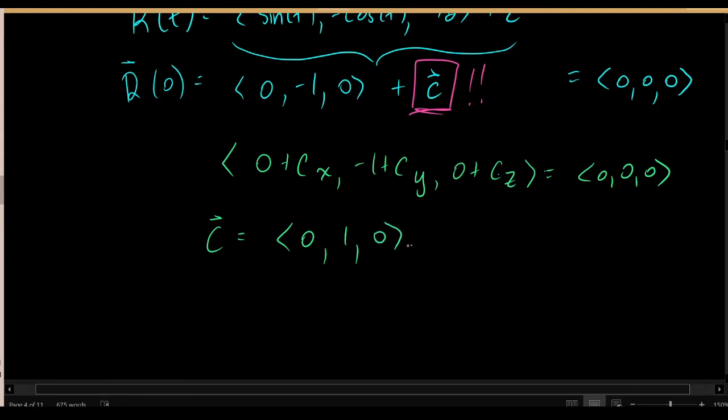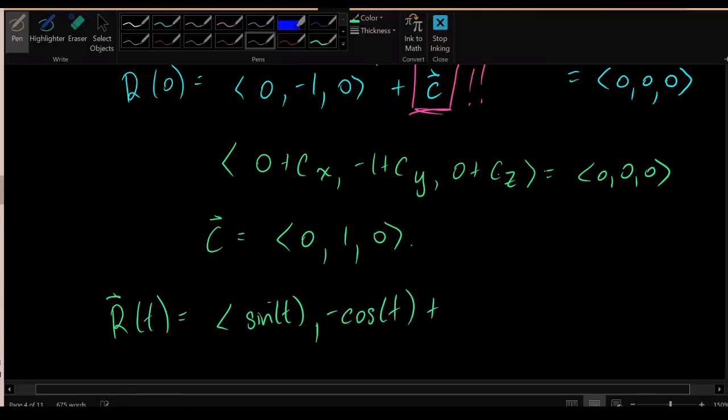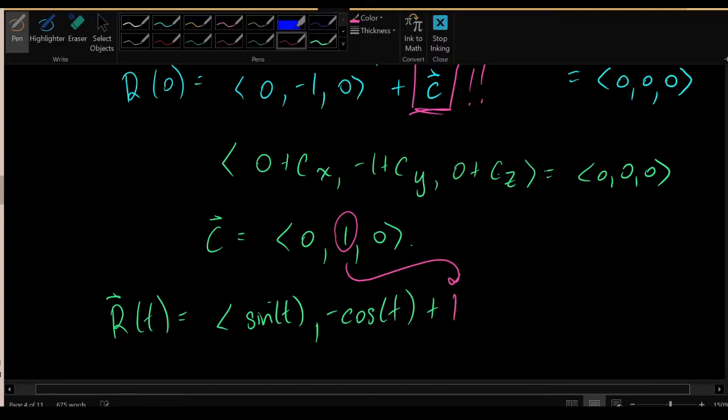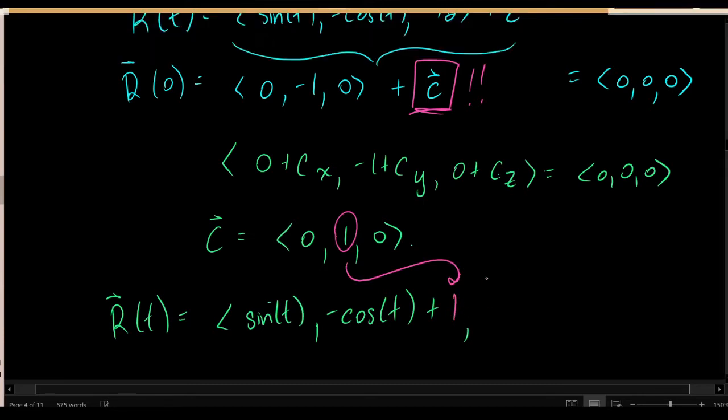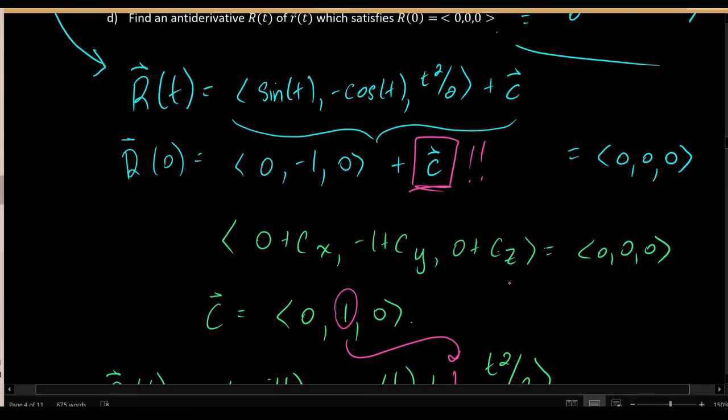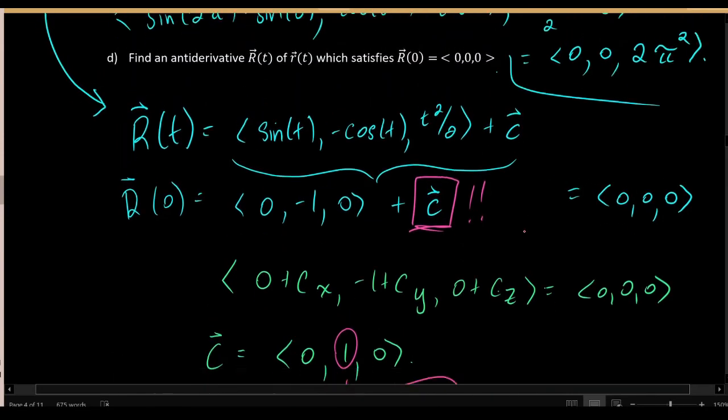As a result, the specific antiderivative that I need is R of t equals sine of t, and we didn't have to add any constant to that, negative cosine of t, but we needed to add 1 to that, and t squared over 2, we didn't have to add anything to that. This is the antiderivative which satisfies this specific initial condition.